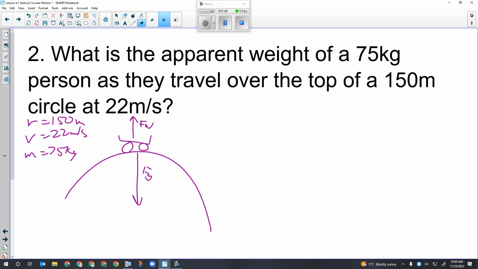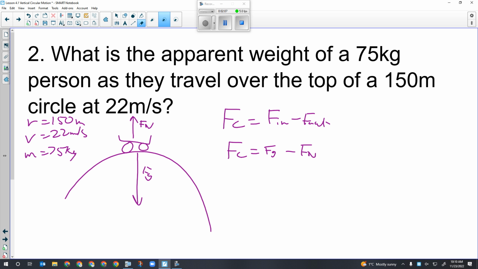Since this is a vertical circle, then we know that Fc equals forces in minus forces out. So that's going to mean that Fc equals Fg minus Fn. We're looking for Fn.